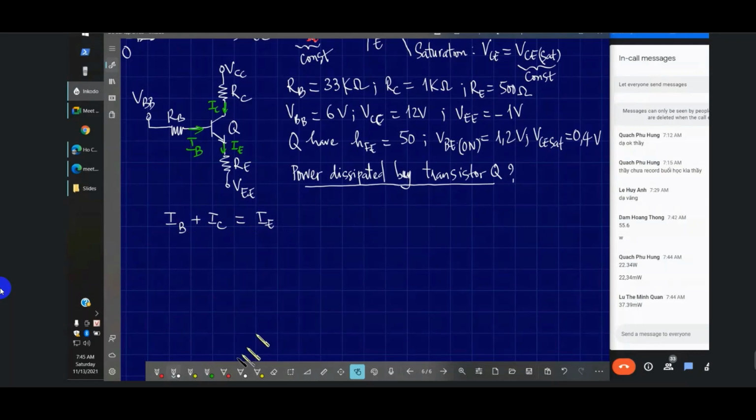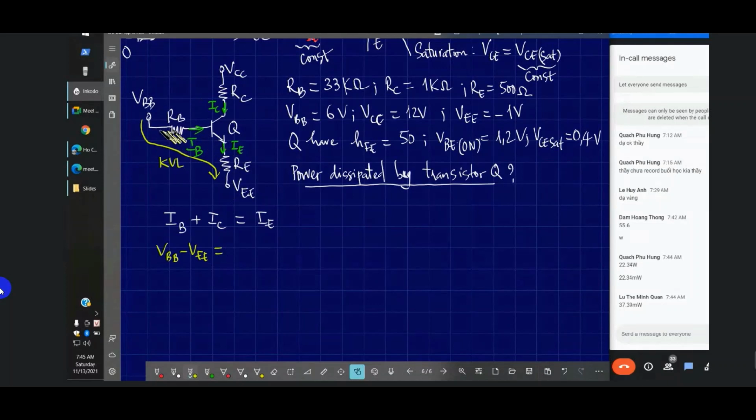The second equation, we draw a line. We apply the KVL, the Kirchhoff voltage law, where we have the voltage VBB minus VEE equal to the total drop of all elements on the way of traveling.